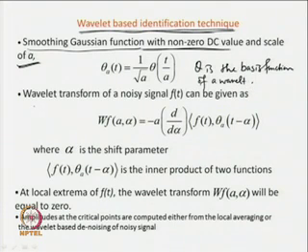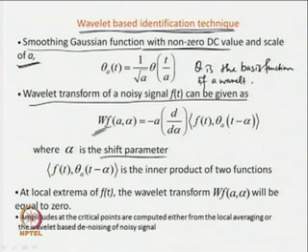Now, when the wavelet transform of this smoothing Gaussian function is found, the wavelet transform of the noisy signal can be given as W f A alpha. W f, the wavelet transform, is now a function of the scale and some shift parameter.